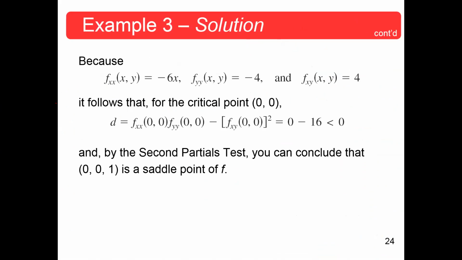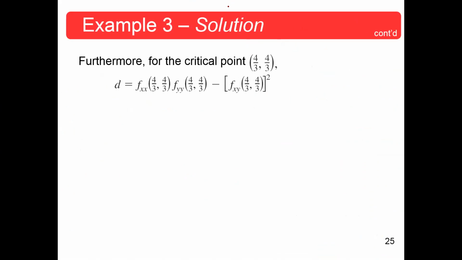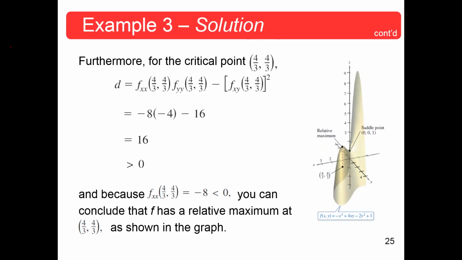And then find all the second partial derivatives and find the D. We've already concluded at 0, 0 there is a saddle point. And we looked at 4/3, 4/3. We looked at the D, and we figure out the D is positive, and the second order derivative is negative. Therefore, it's going to be a relative max. And you can see this from the graph.